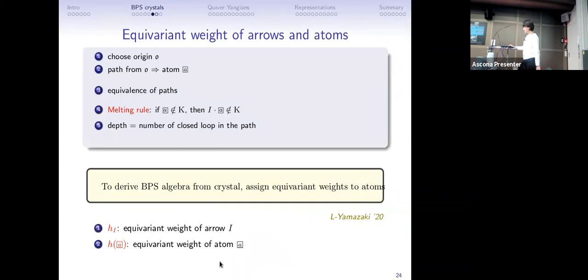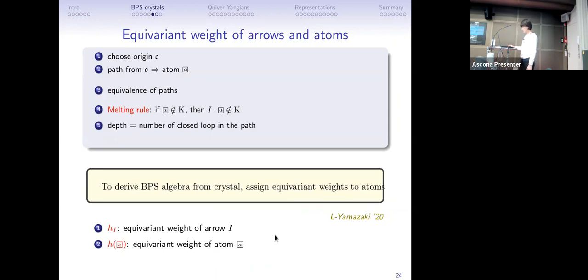So the new ingredient we want to add is that, later we want to derive this BPS algebra from the crystal, so we actually need finer information for these atoms. What we do is assign an equivariant weight to each atom. For each field, there's a weight.